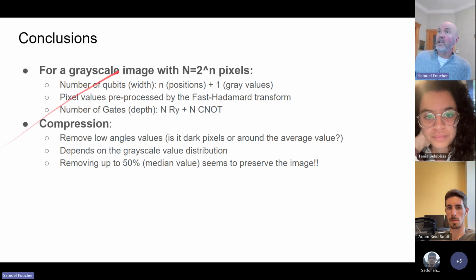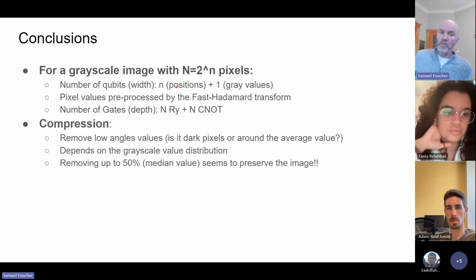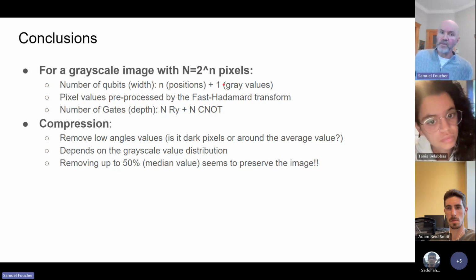So basically, just a summary. We have an image that has 2 to the power n pixels. The number of qubits will be the positions, so you have a register for the positions, n qubits for the positions and 1 for the gray values, assuming that you have just 1 channel.